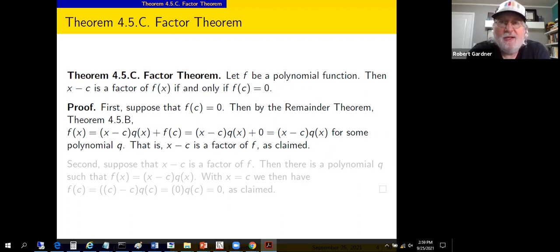You factor 10 into 2 times 5. 2 is a factor of 10, and 5 is a factor of 10. Here we factored f of x into x minus c times q of x. Then x minus c is a factor of f of x. So is q of x. The claim was x minus c was a factor of f of x in this case. So if f of c equals 0, then x minus c is a factor of the polynomial function.